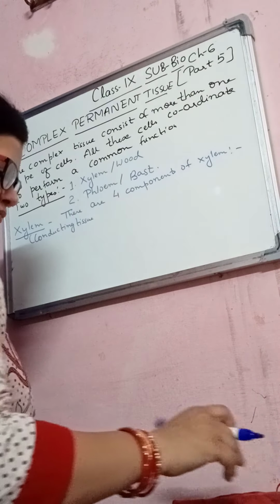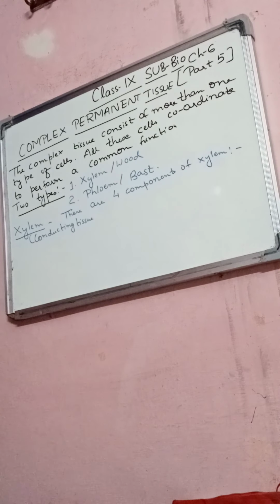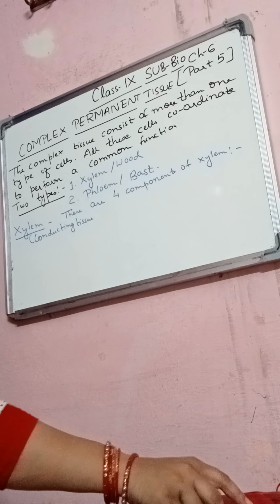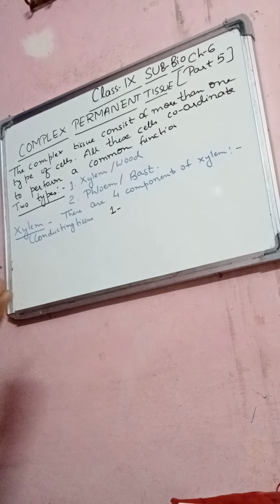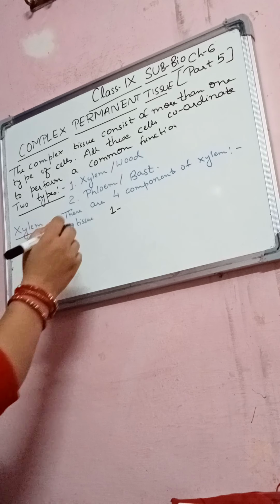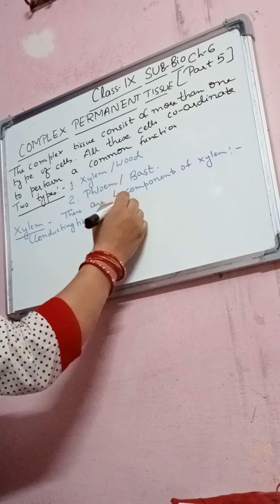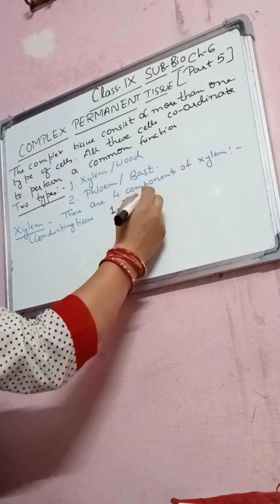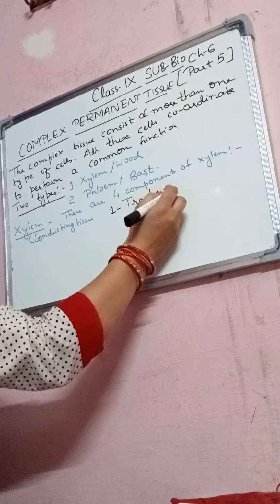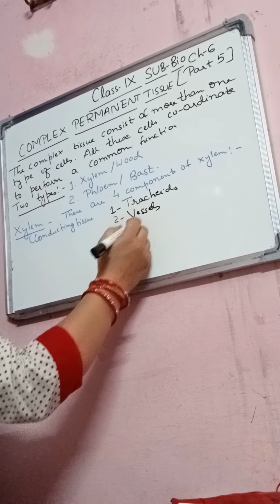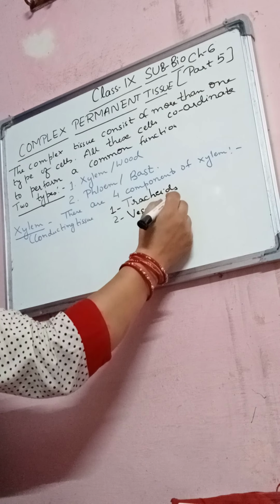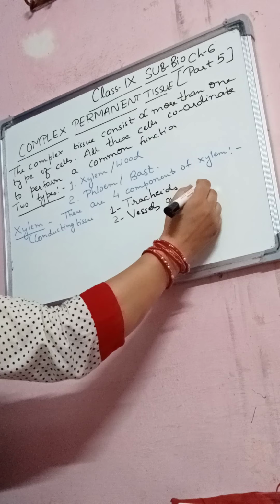Number one is tracheids. Second, vessels, also known as trachea.